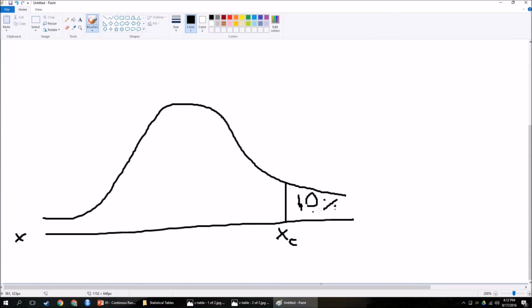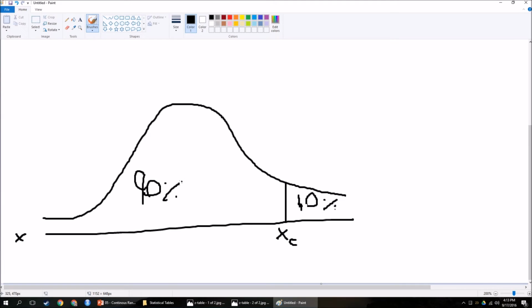And if this is 10% and the area under the curve is 100%, this must be 90%. All of this area up until that cutoff value, 90% of applicants are expected to fail if we set the score at this value. Okay?